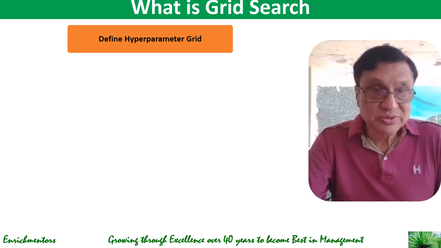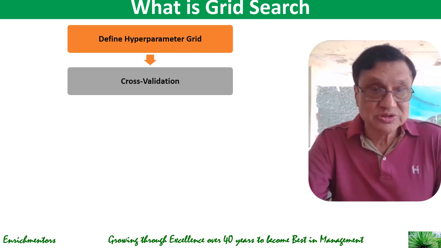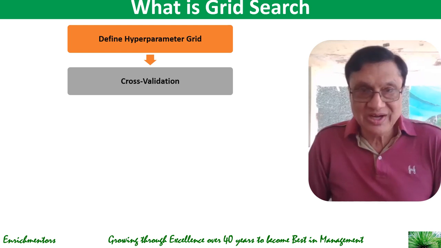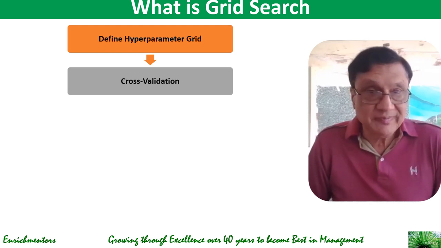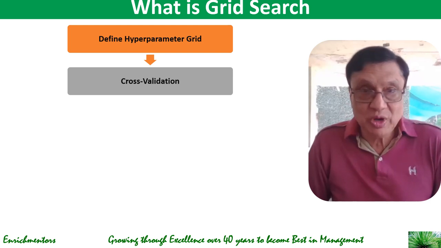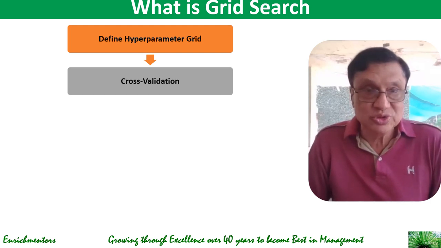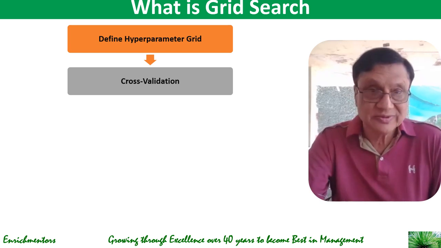Then what you do is you cross-validate. You split the data set into training and validation sets to perform k-fold cross-validation that we had talked about earlier. And during each fold of cross-validation, you train the model using the training data and evaluate its performance using the validation data. So you evaluate and validate.